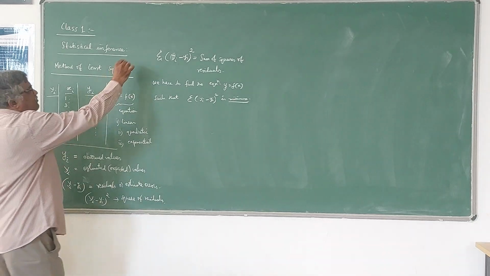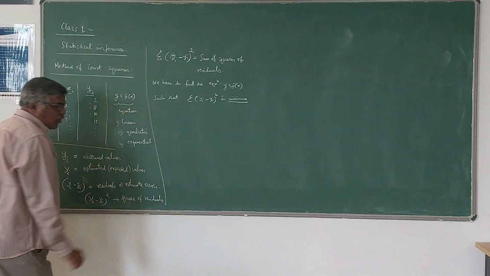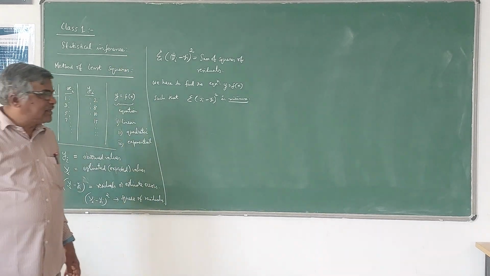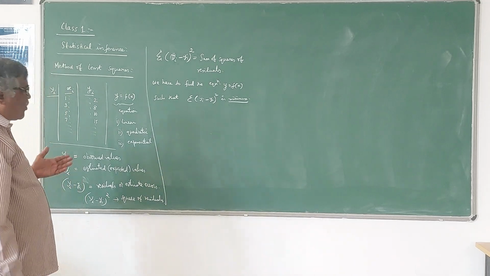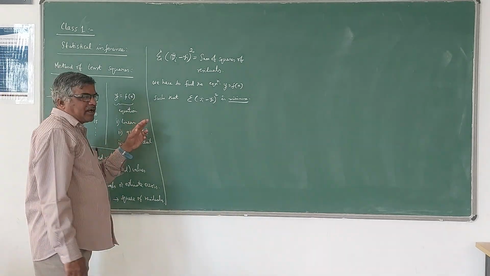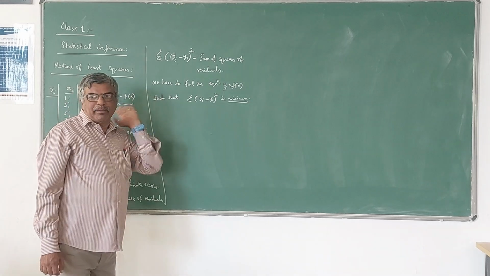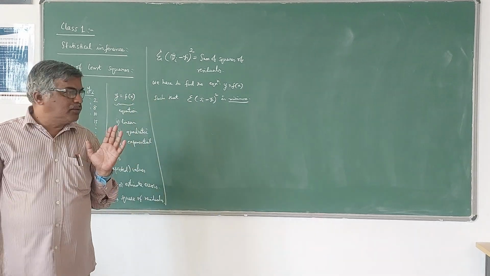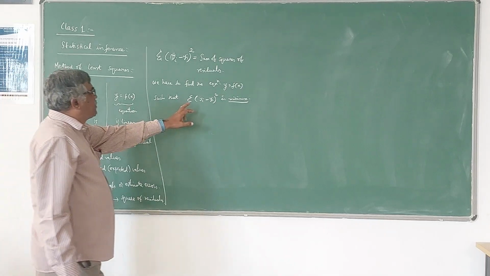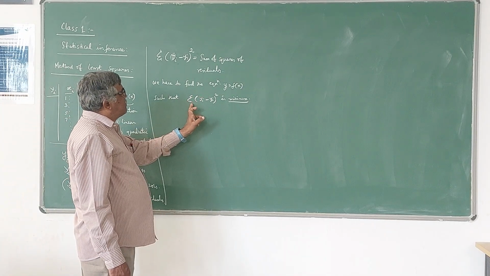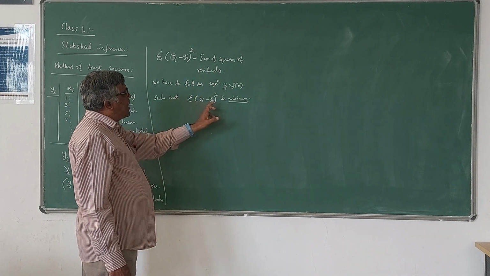So whenever you are fitting a model, whether it's a statistical model or any other model, one of the conditions to have the best model is that the error should be minimum. The error should be minimum means here we are going to take the sum of the squares of the residuals as minimum.